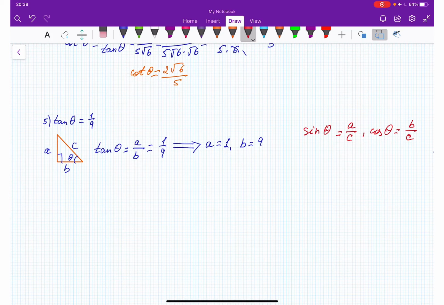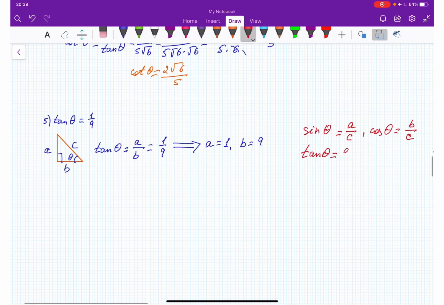Next, tangent theta is equal to the opposite leg to the adjacent leg. Cotangent theta is equal to the adjacent leg to the opposite leg. Next, secant.